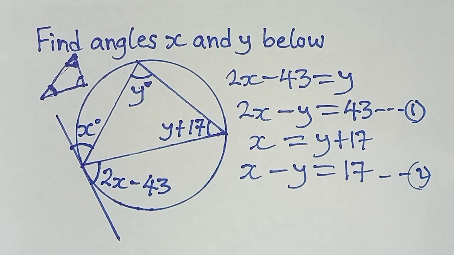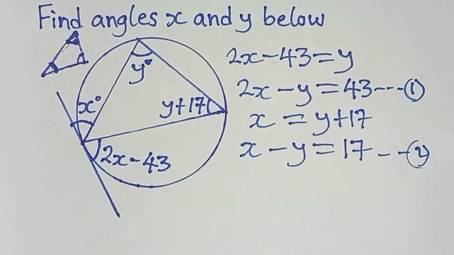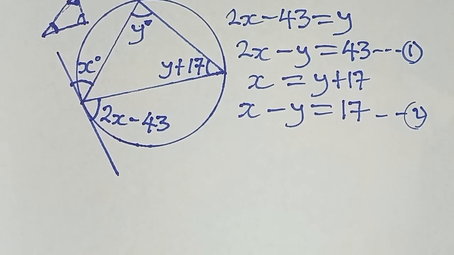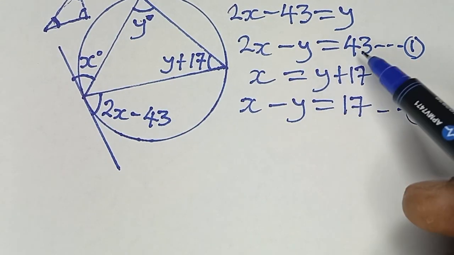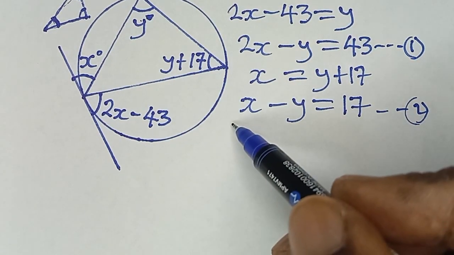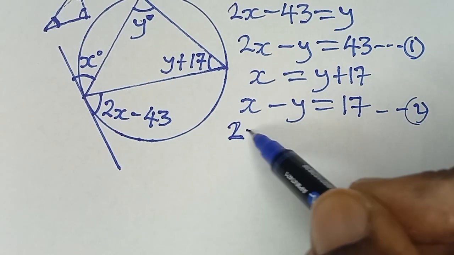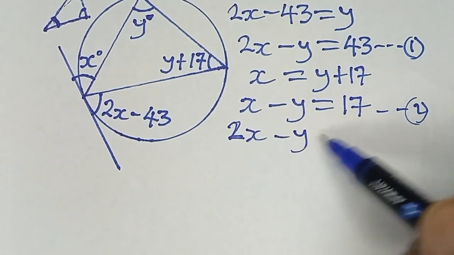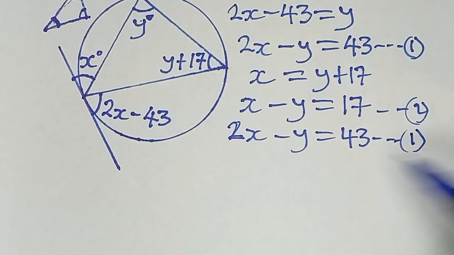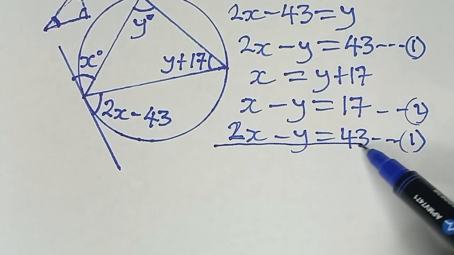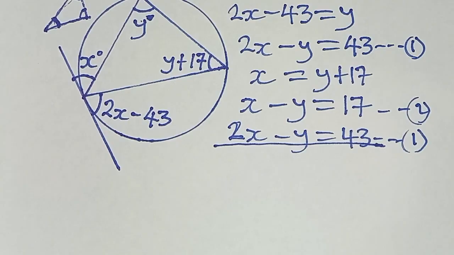So you agree with me that I can now solve equation 1 and equation 2 simultaneously. Let me bring down equation 1 here: 2x minus y is equal to 43. This is equation 1. I want to solve the two of them simultaneously by using the elimination method.